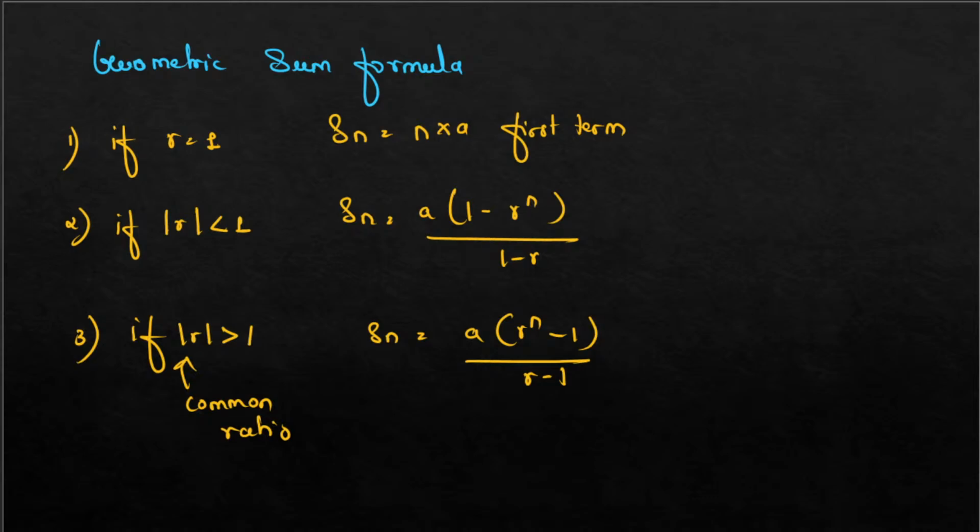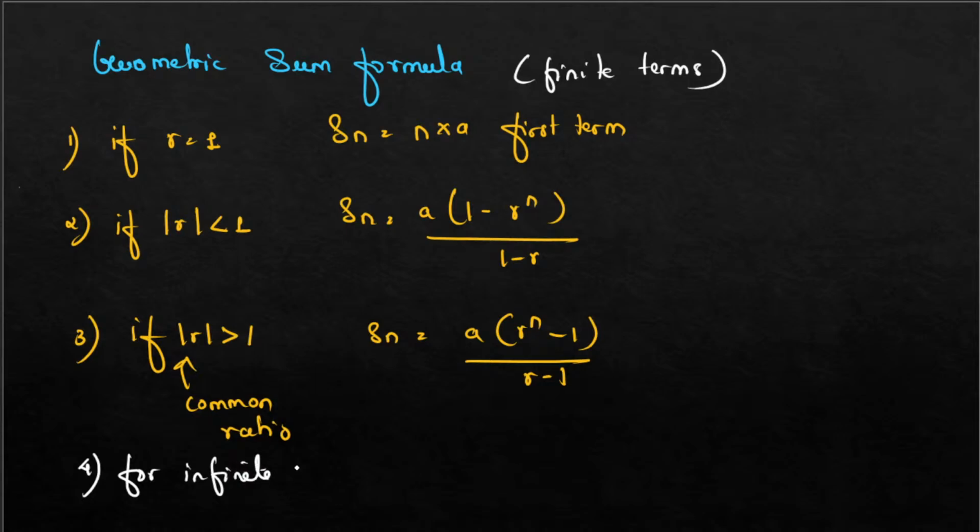This formula, you should note, is for finite terms. And for infinite terms, if r is smaller than 1, then S of infinity equals a by 1 minus r.